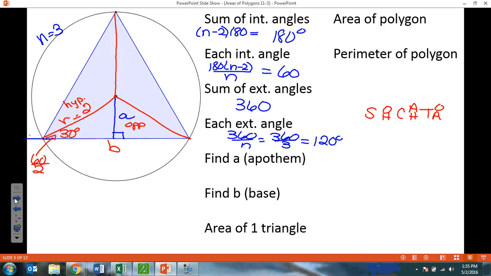The sine of our angle, the sine of 30, will be equal to the apothem over the hypotenuse. Opposite over hypotenuse, apothem over 2. How do I solve that for A? Multiply both sides by 2. So in your calculator, take 2 times the sine of 30.